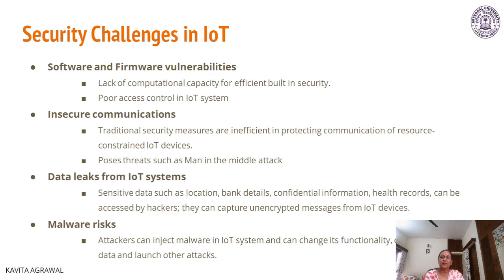There is a possibility of malware in IoT devices. An attacker can inject this malware into our IoT system even without us knowing, and it will change its functionality and also start collecting our personal information and the information which we want to keep secure.